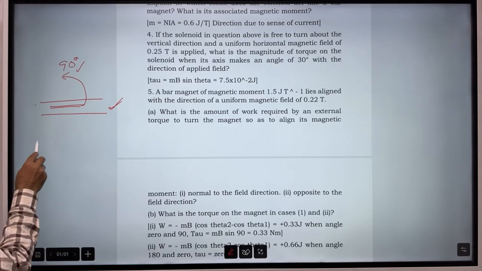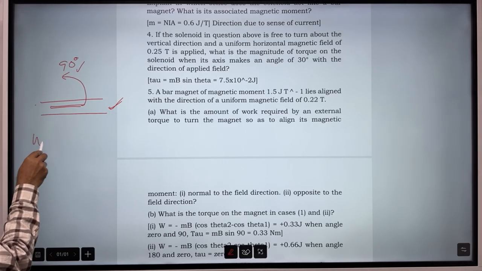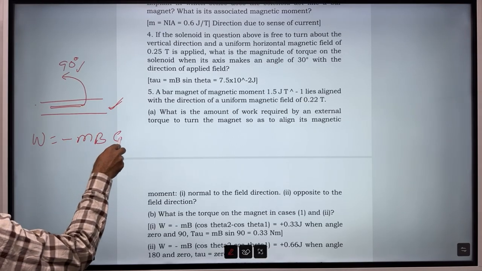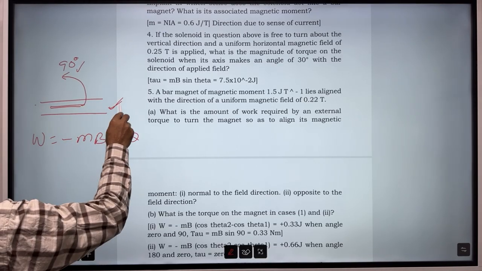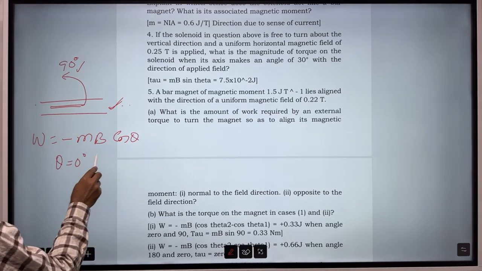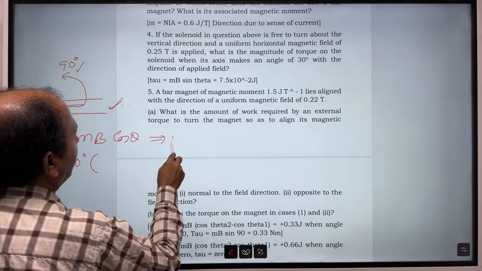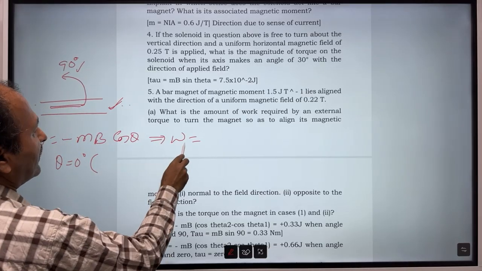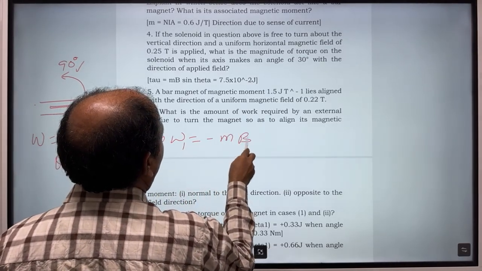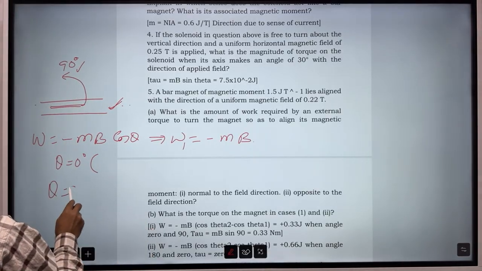So what is the formula? Formula is work done equal to potential energy, minus MB cos theta, right? So here initially, theta equal to 0 degree. So you can say work done in this case, suppose we write it W1, initial. So it will be minus MB. And now we take theta equal to 90 degree.